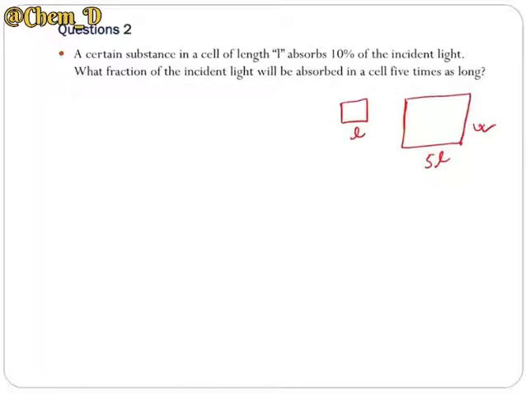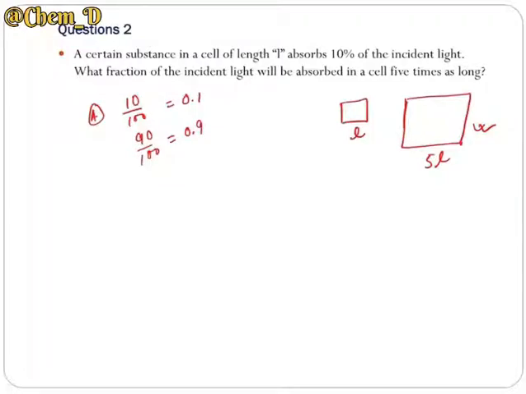So for the first cell, what is the transmittance? It absorbs 10%, that means 0.1. This is the absorbance. But what is the transmittance? The transmittance is 90 by 100, that means 0.9.